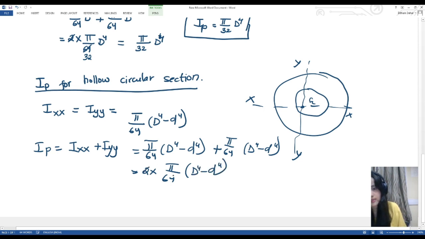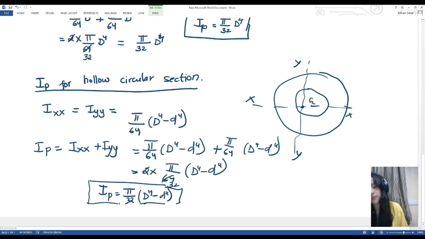Again I cancel by 2, so my polar moment of inertia for the hollow circular section, IP, is equal to pi by 32 into D raised to power 4 minus small d raised to power 4.